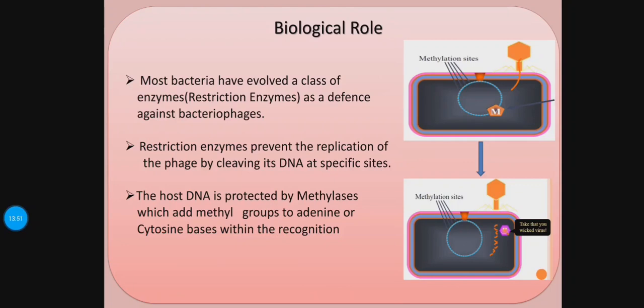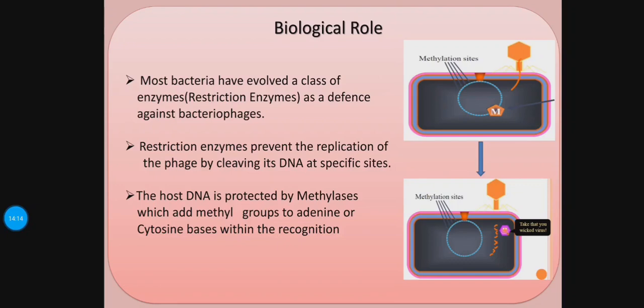So here, methylation is one of the DNA modification processes occurring in bacteria, where the methylation subunit of the restriction enzyme adds a methyl group on adenine and cytosine nucleotides of the DNA, resulting in a modification of its own DNA.